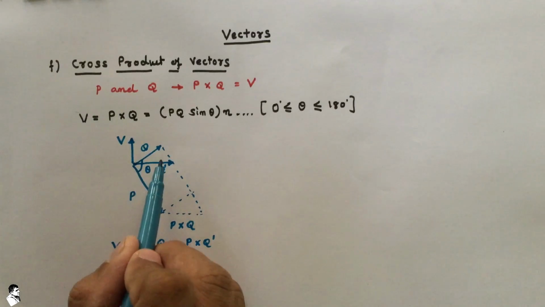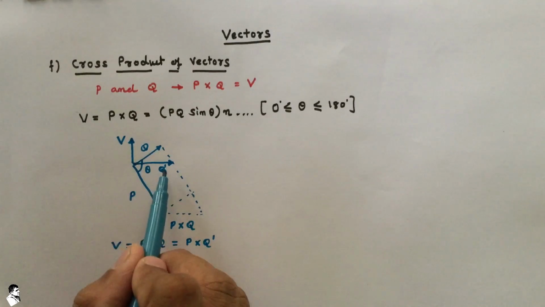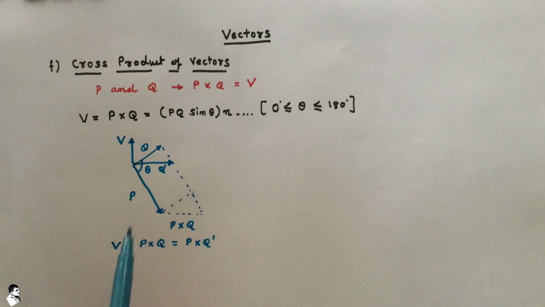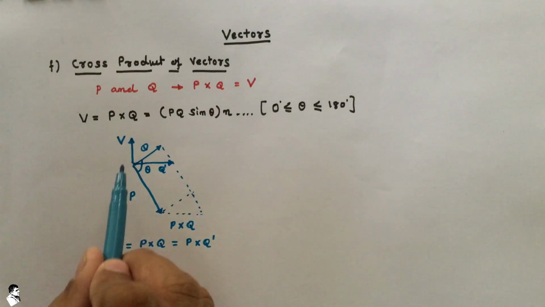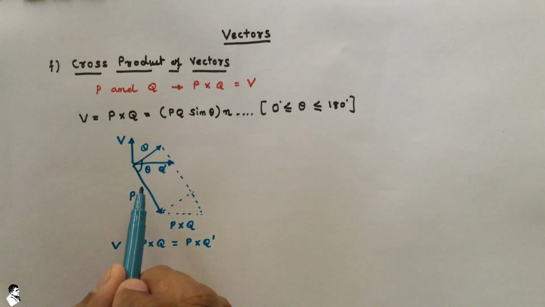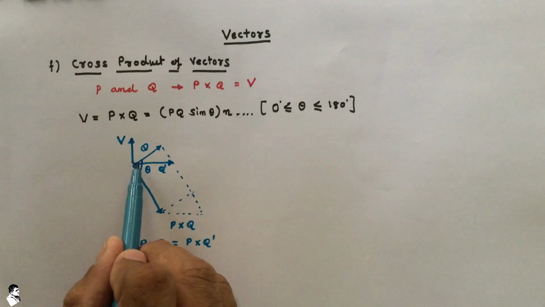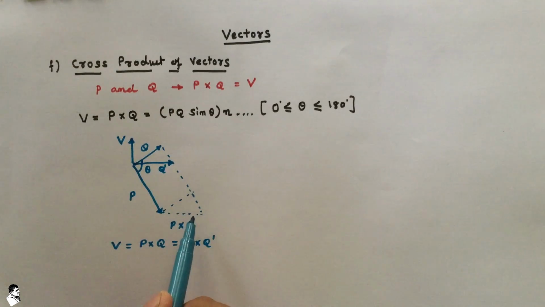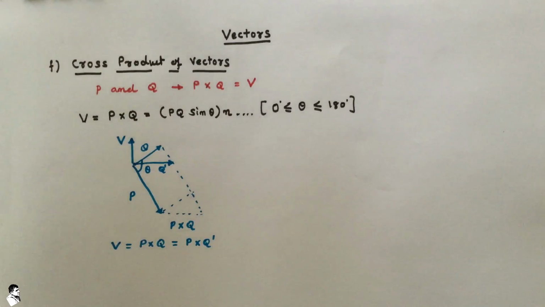Considering that the heads of Q and Q dash are parallel to P, we can write down that the product V is P cross Q, and also that V is equal to P cross Q dash. And the direction of V can be determined by the right hand screw rule.